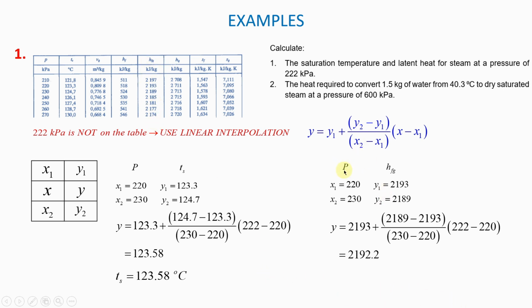Because we looked at the pressure column and the latent heat column. And so the Y that we will get is the latent heat that we're trying to get. And so therefore, HFG will be equal to 2192.2 kilojoules per kg.